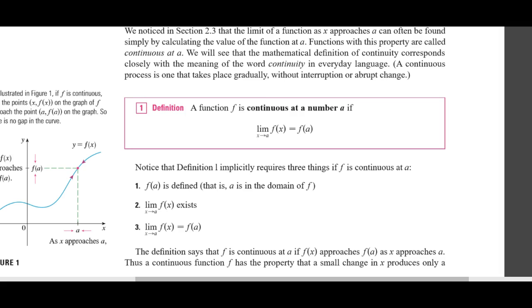I want to go back to those graphs that we drew as examples of functions that are not continuous and analyze which one of these three conditions fails to be true. So before we go back to that, I would like you to have these three conditions available in front of you.